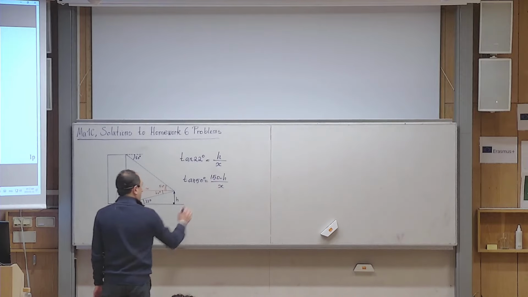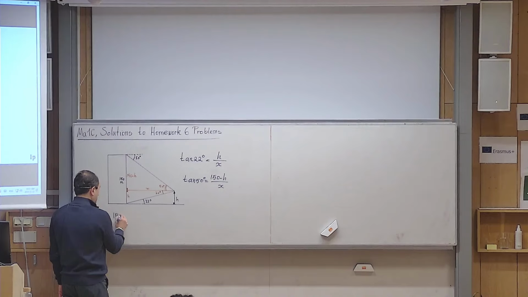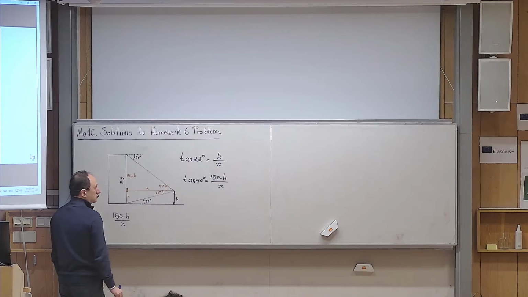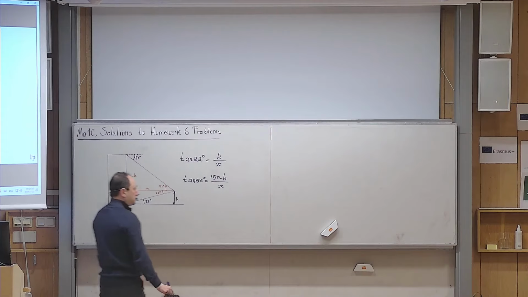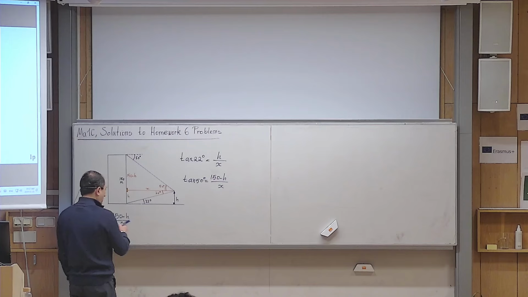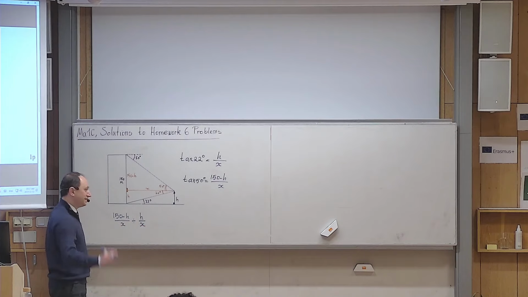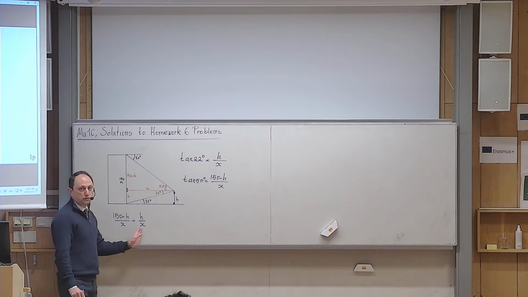If I divide 150 minus h divided by x, okay, if I divide this by that, can you do it for me? If I give you this in the exam, in the second chapter, in algebra part, I give you to divide this, that's it. What do you do? Anyone else? Yes?